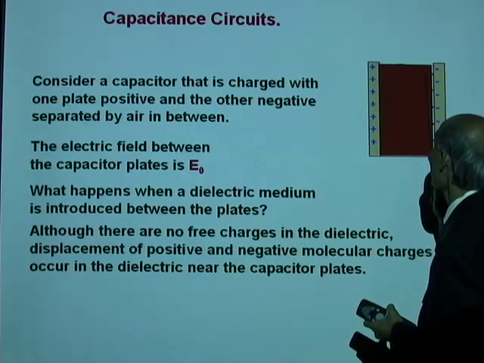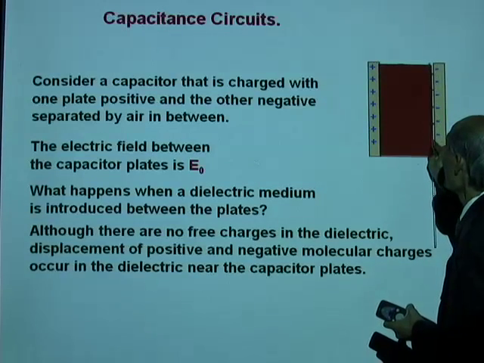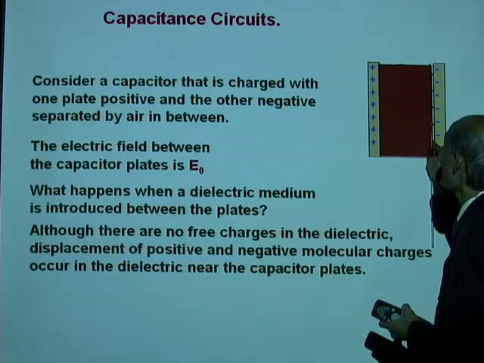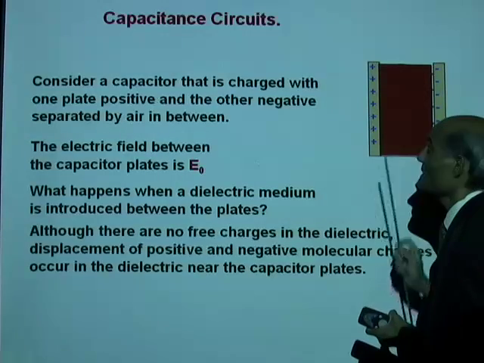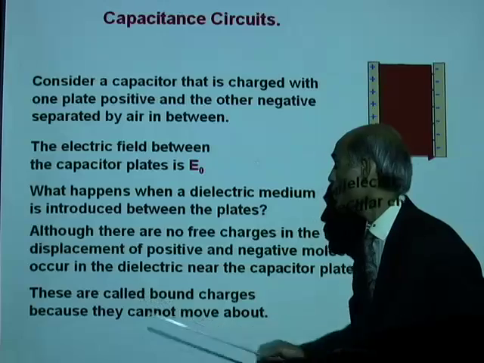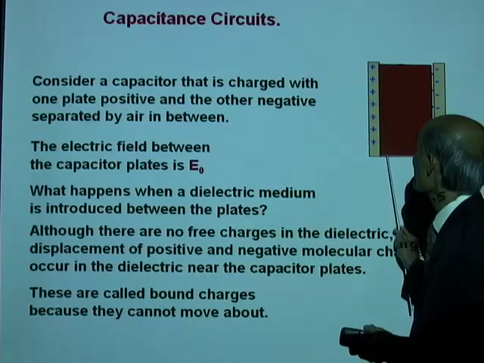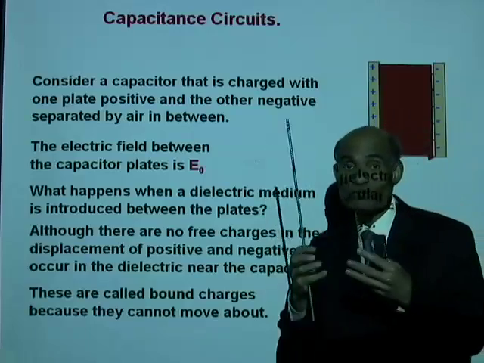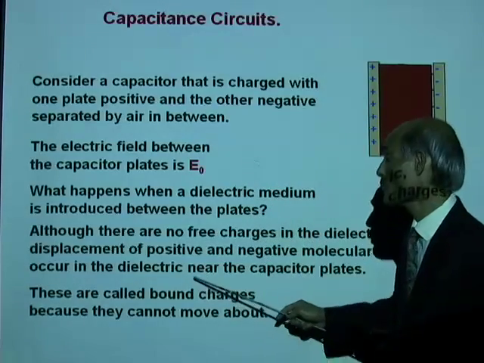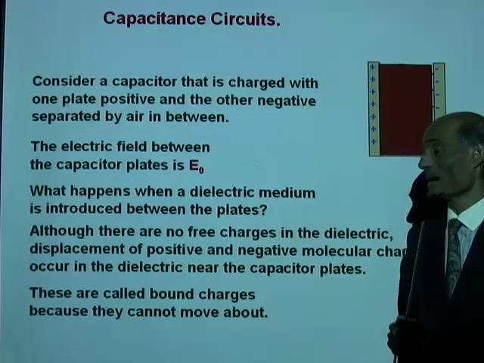Similarly, at the end of the dielectric facing the negative plate, positive charges align at this end and negative on the other end. These are called bound charges. The charges that appear on the dielectric are not free to move. Therefore, we call them bound charges. They cannot move about.